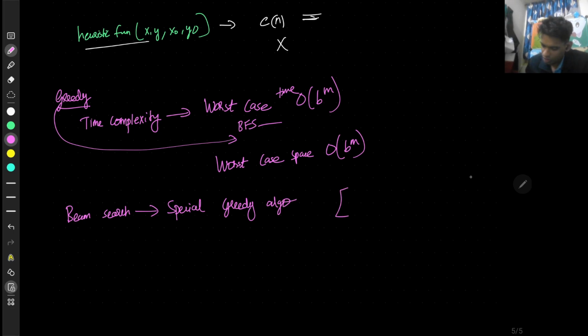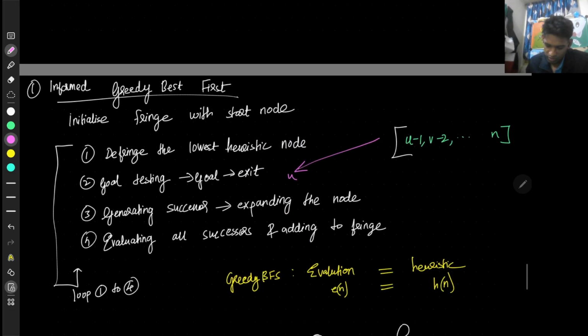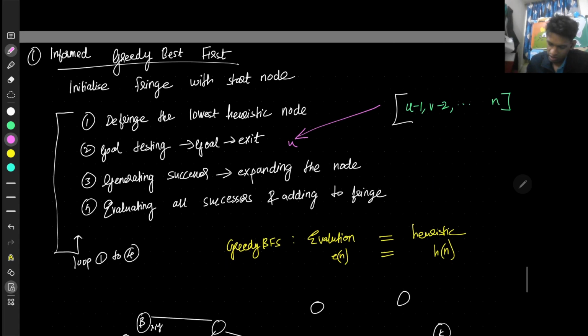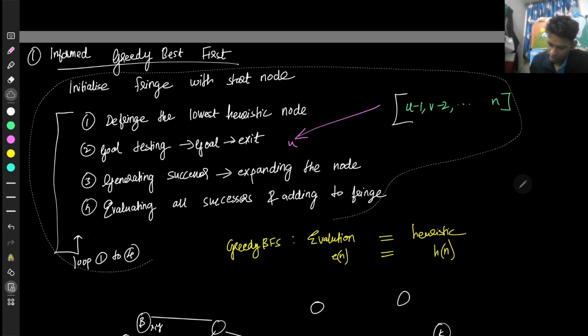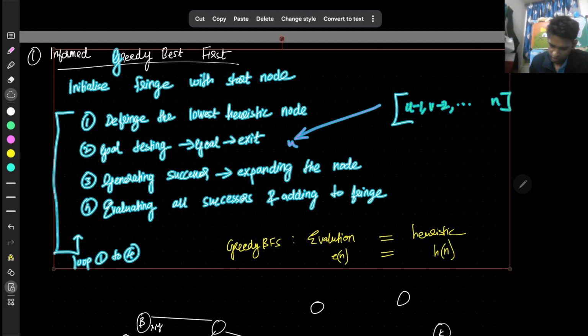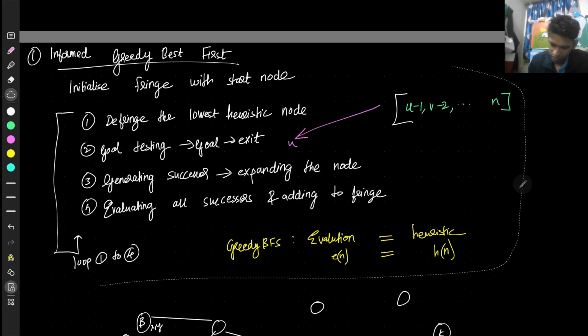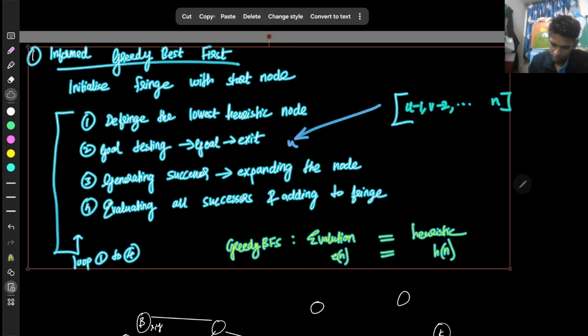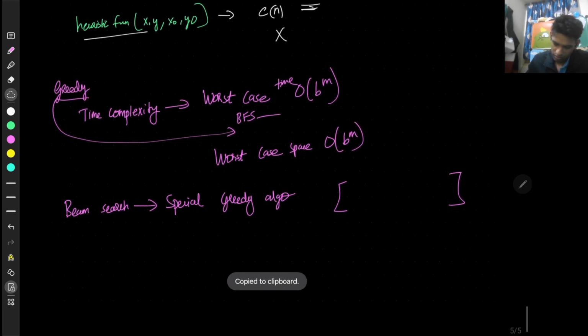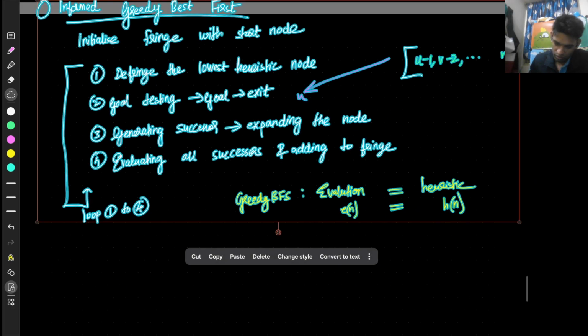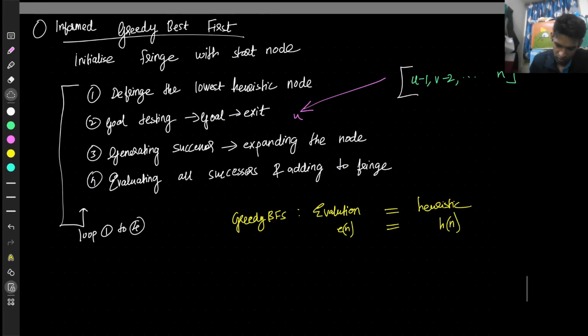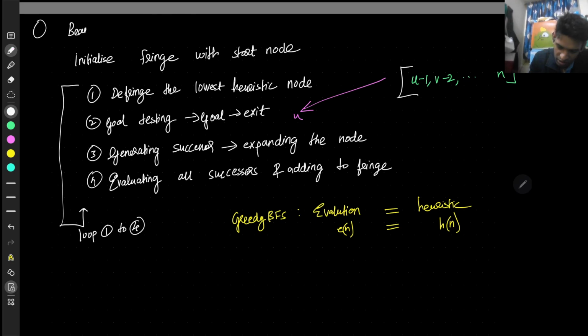The entire algorithm is the same, so I'll copy everything. The only difference is that your fringe is limited in size.